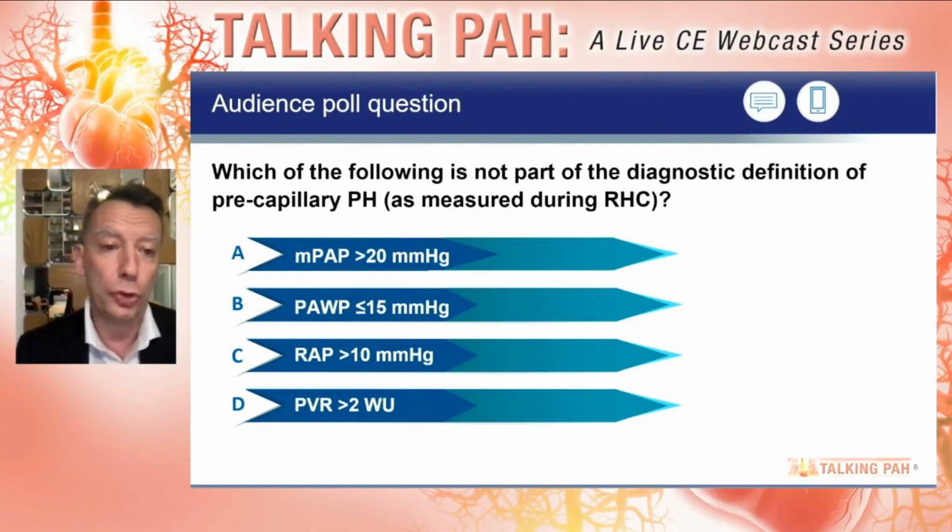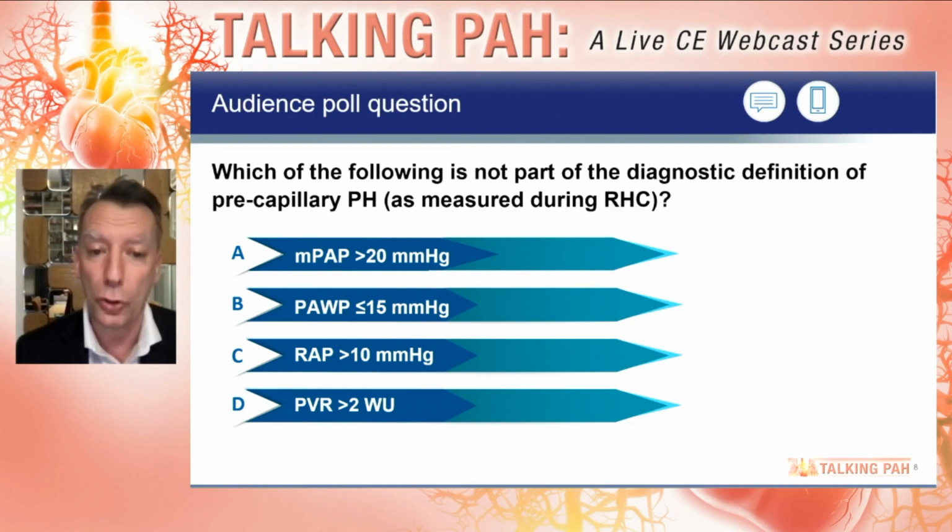What is truly important is to know the definition of pulmonary hypertension. And I will start with the first poll question at this stage. Which of the following is not part of the diagnostic definition of precapillary pulmonary hypertension as measured during right heart catheterization?